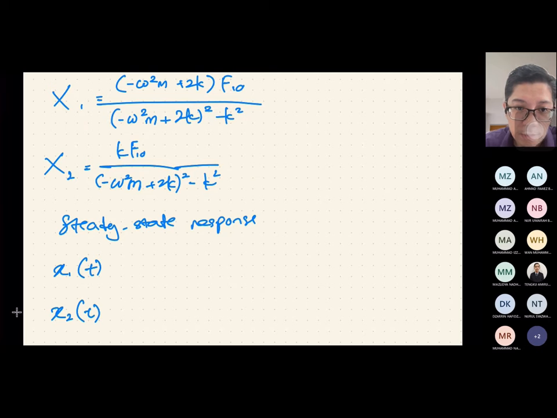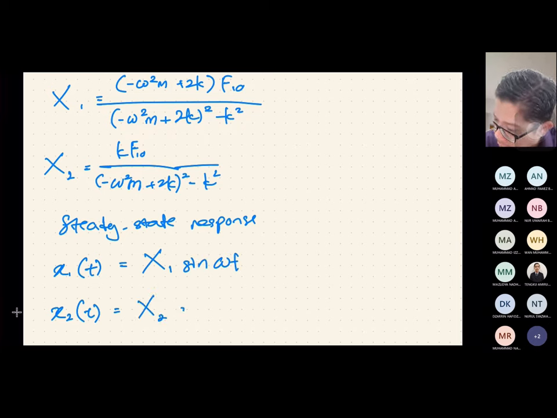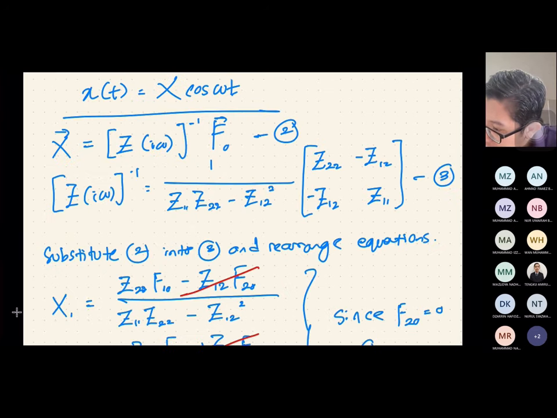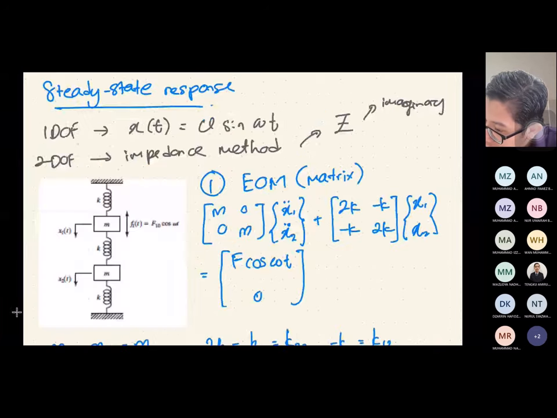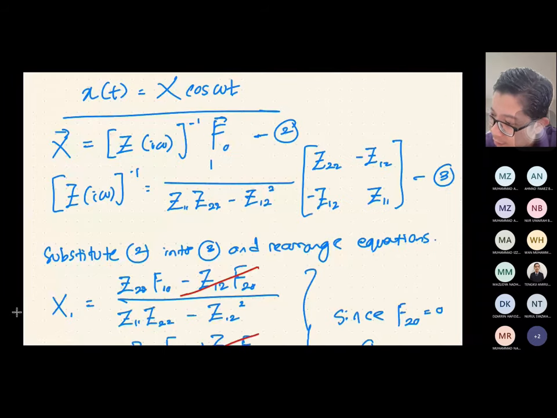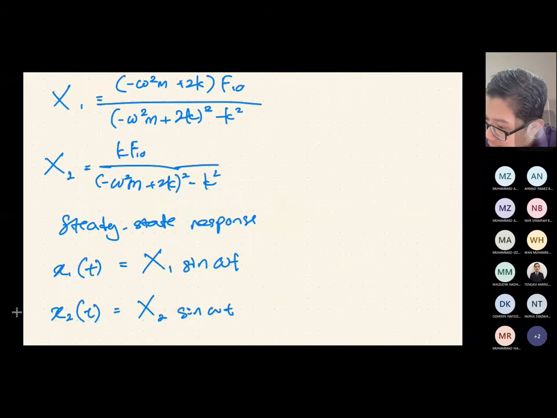We have two steady state response, right? So this will be based on x1 sine omega t and x2. Sorry, bukan sine. Tadi kita pakai cosine kan? Kita pakai cosine. Okay, kita pakai cosine. So since kita cosine, so this one gonna cosine lah.